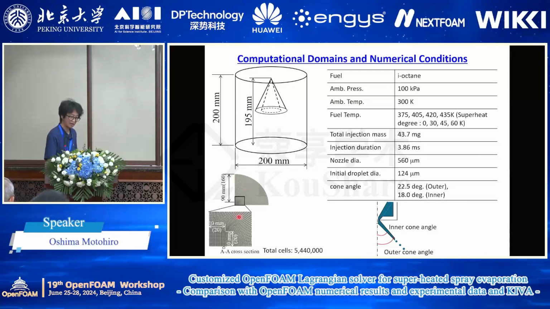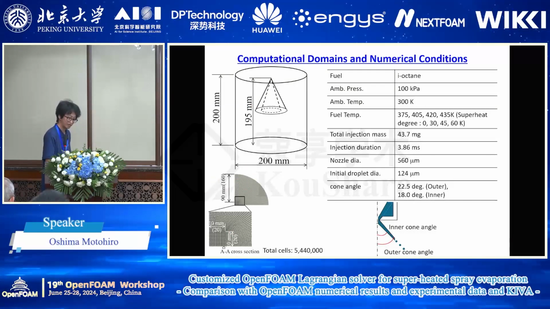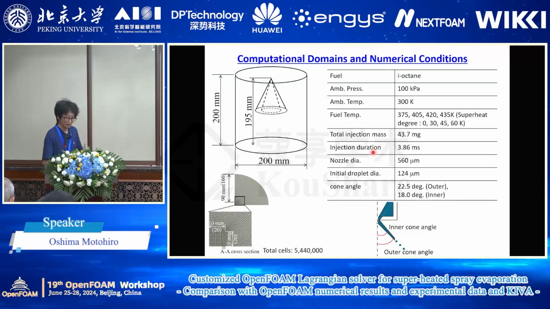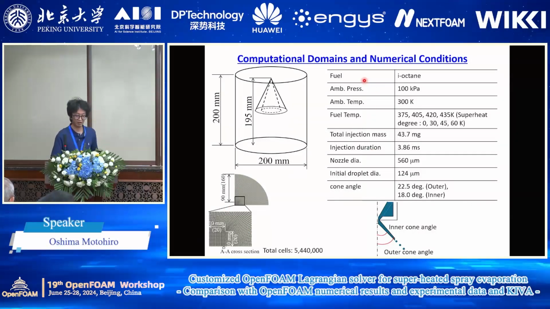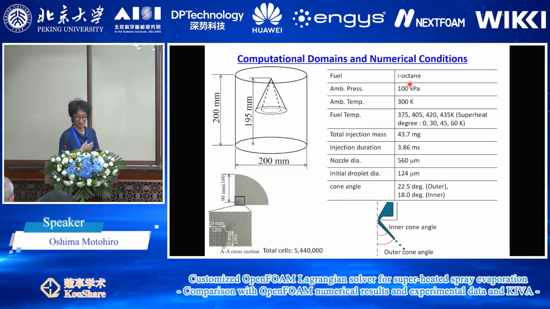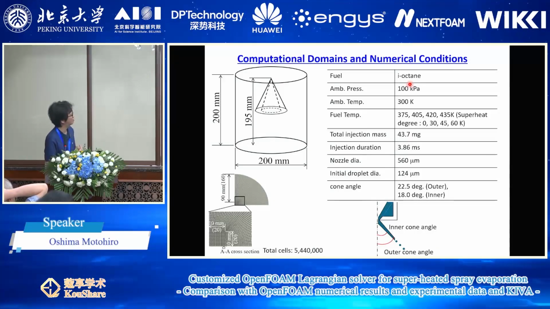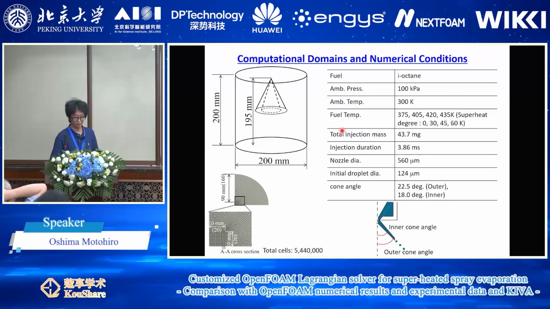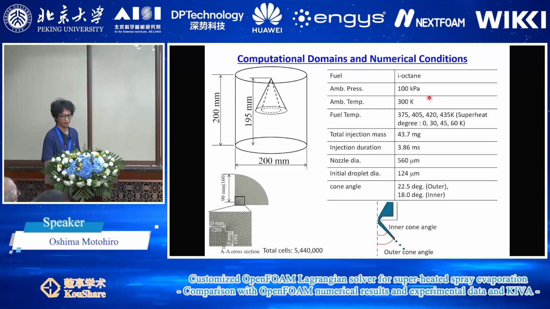The mesh shape is like this. Isooctane is injected into atmospheric pressure, the ambient temperature is 300 Kelvin, and the fuel temperature is varied.